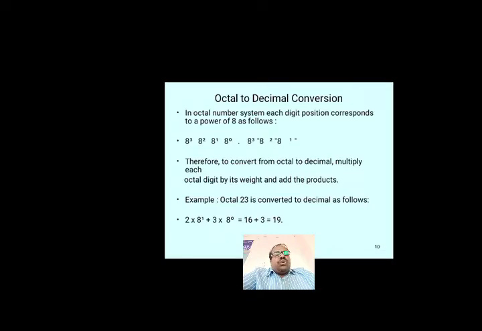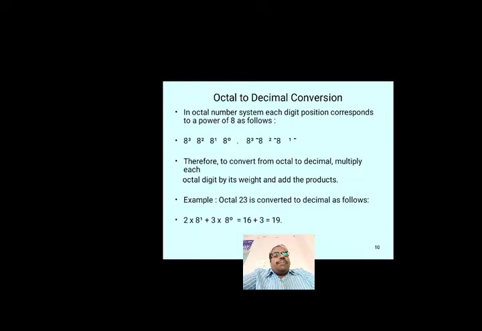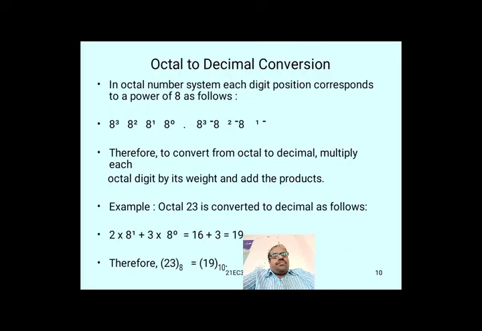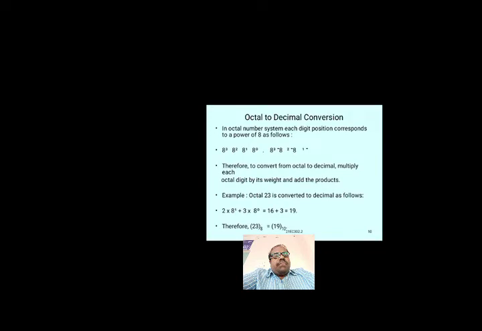So 2 into 8 power 1 plus 3 into 8 power 0 equals 16 plus 3, that is equal to 19. Now we want to write the base also. See, 23 base 8 equals 19 base 10.